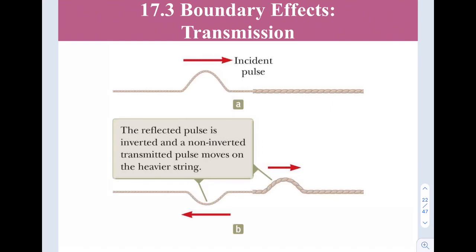So the sum of the energies of these two pulses, the transmitted and the reflected, must equal the energy of the incident pulse, because the reflected pulse contains only part of the energy of the incident pulse. Its amplitude must be smaller.